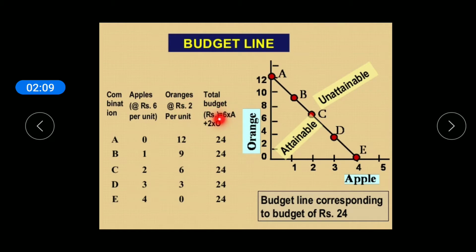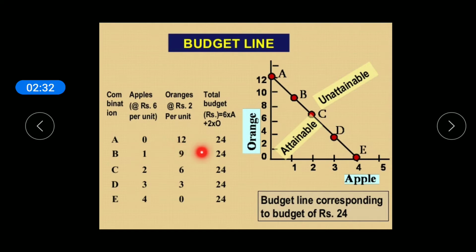With your income you can purchase goods within this budget, and the budget is equal to the price of apple times the quantity of apple plus the price of orange times the quantity of orange, and it is equal to your budget.